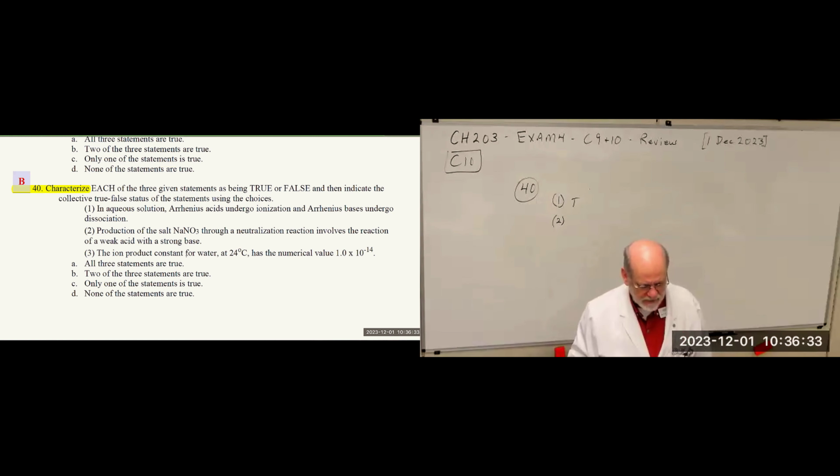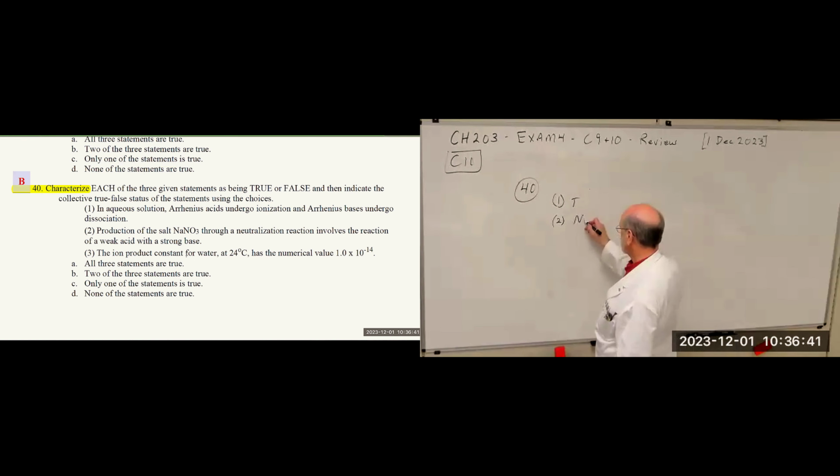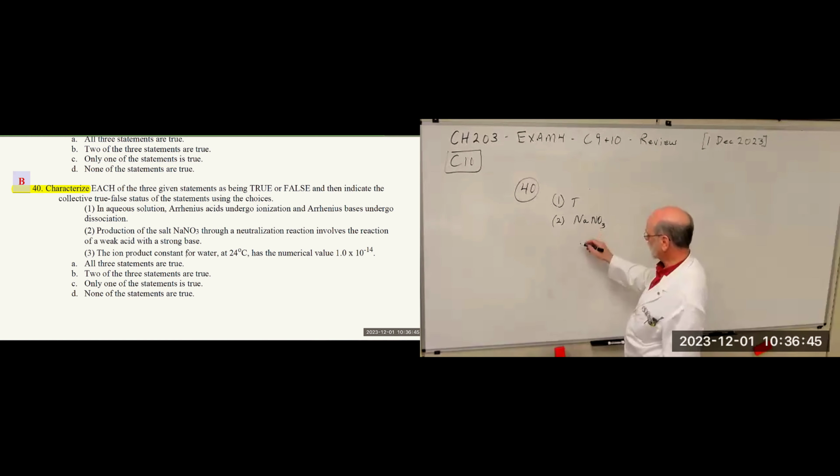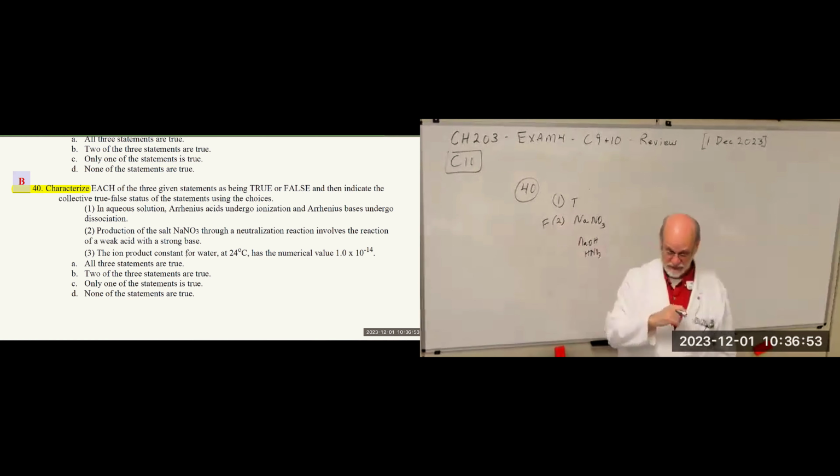2, production of the salt NaNO3 through neutralization reaction involves the reaction of a weak acid and a strong base. This would come from a strong base. This would come from a strong acid, right? So their statement is false.